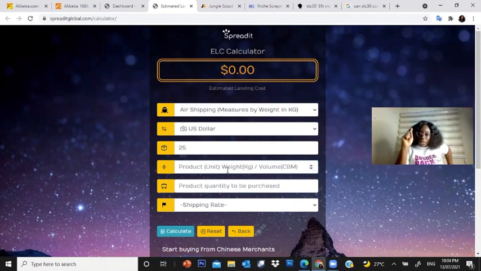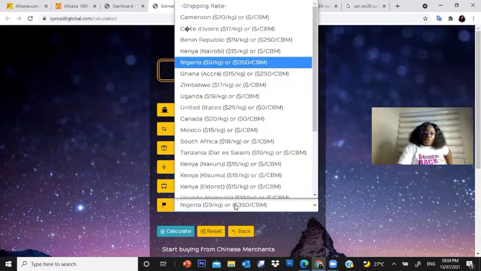on your final cost. Remember, the actual price we see online is $25. So product cost, weight, I'm going to use 0.19 kg. Product quantity to be purchased, I'm going to use 1 here so that you will see the cost. Shipping rates, I'll choose Nigeria.